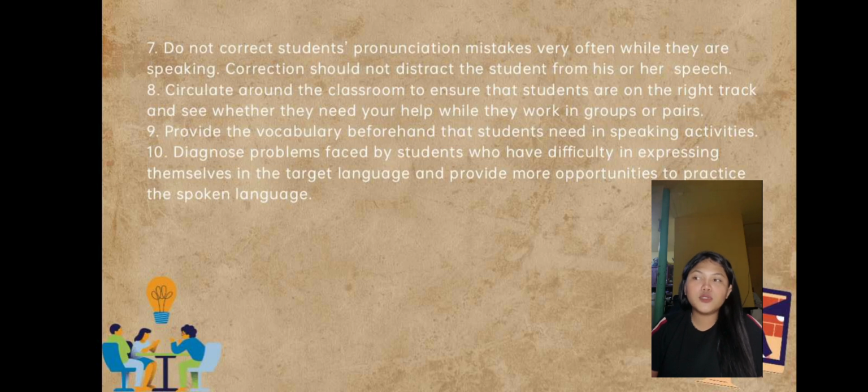Seventh, do not correct students' pronunciation mistakes very often while they are speaking. Correction should not distract the student from his or her speech.